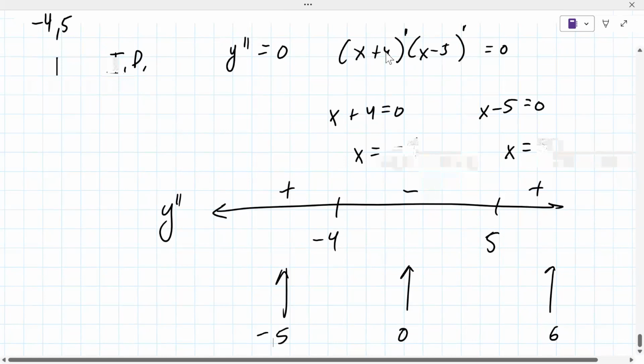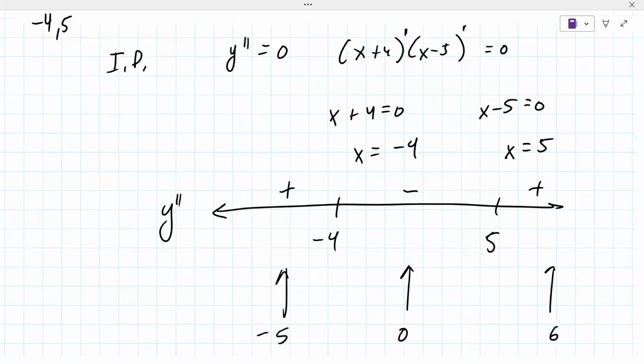Like 6 plus 4 is 10, 6 minus 5 is 1, 10 times 1 is 10, which is positive. 0 plus 4 is 4, 0 minus 5 is -5, 4 times -5 is -20. -5 plus 4 is -1, -5 minus 5 is -10, negative times negative is a positive. Inflection points occur when you switch signs from positive to negative, or negative to positive. But you don't have to remember all that if you don't want to.